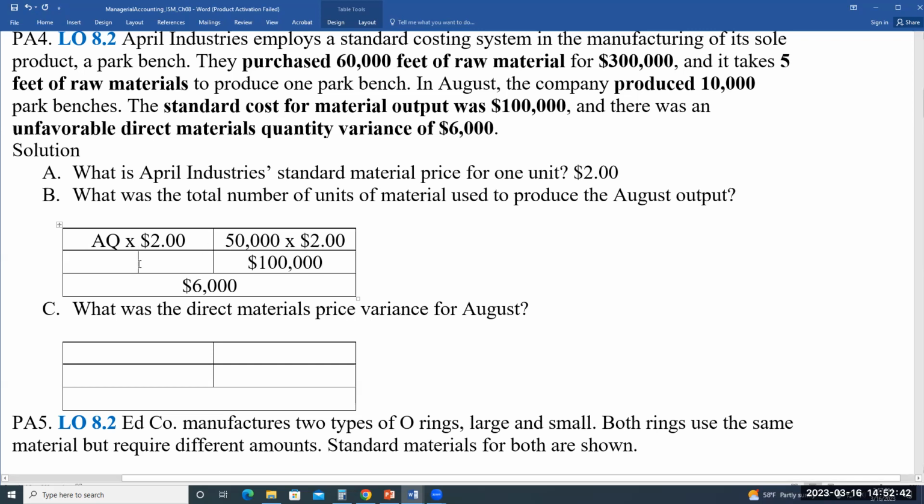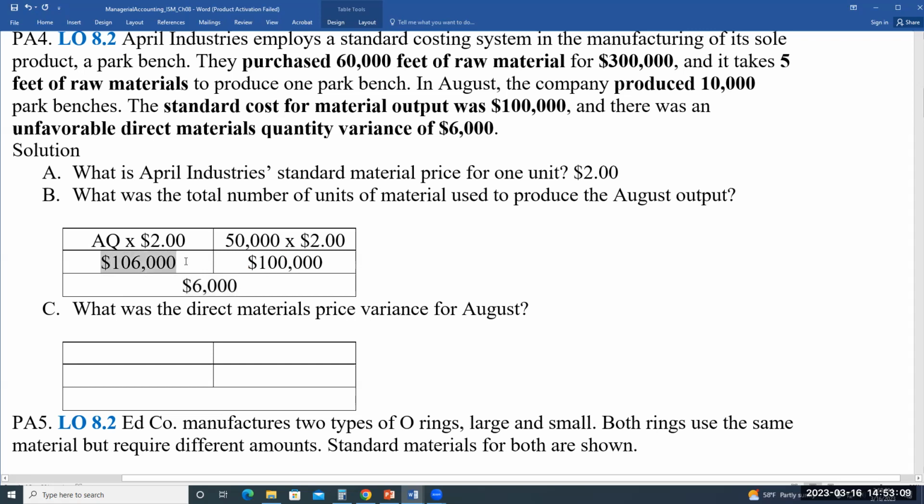Now, if the actual cost is $6,000 unfavorable, what would that actual cost be? $106,000, right? Because that means the left number minus the right number gives us 6,000.